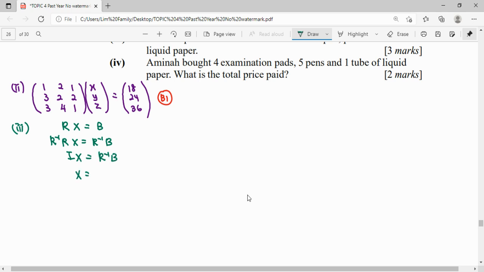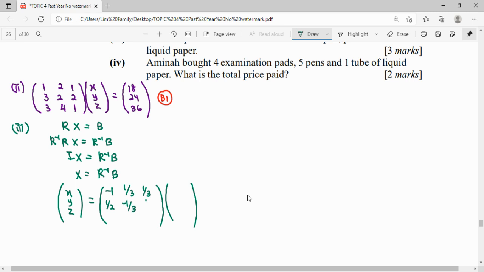Then we will get our unknown matrix X, which is R inverse times B. Therefore, we can plug in our values where X, Y, Z is our unknown matrix X. Then R inverse is our answer from part A, and lastly, our answer is 18, 24, and 36.